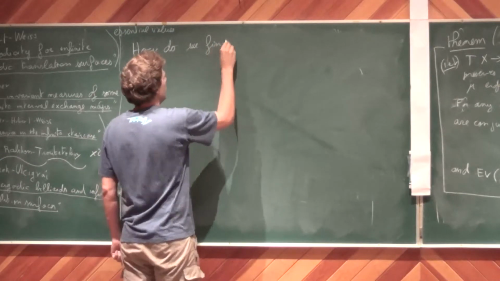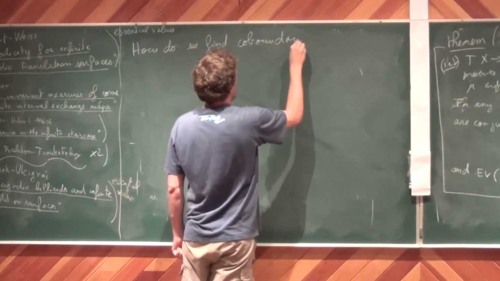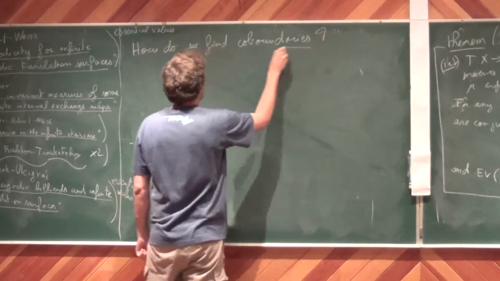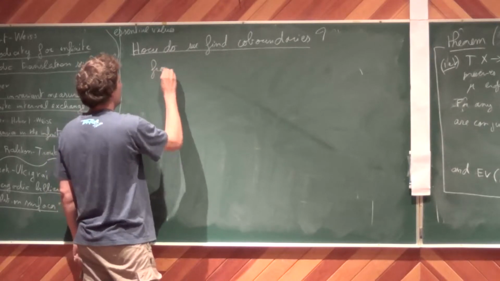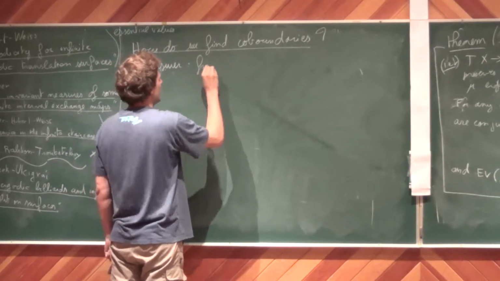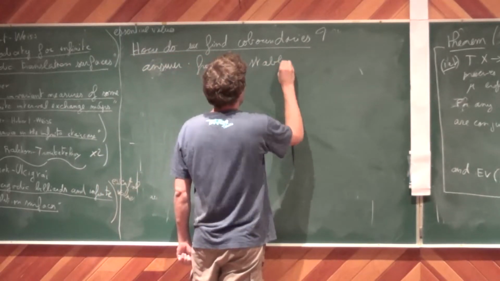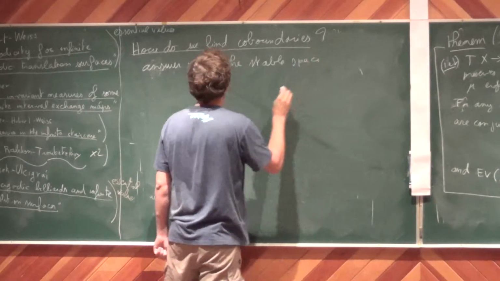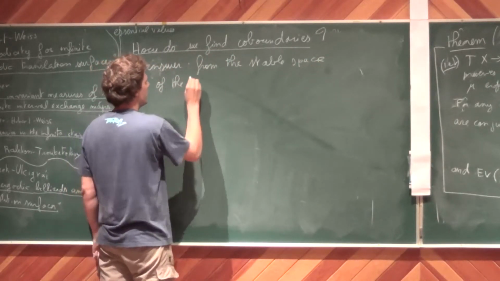The answer is from the stable space, I will explain what it means, from the stable space of the Kontsevich-Zorich cocycle.